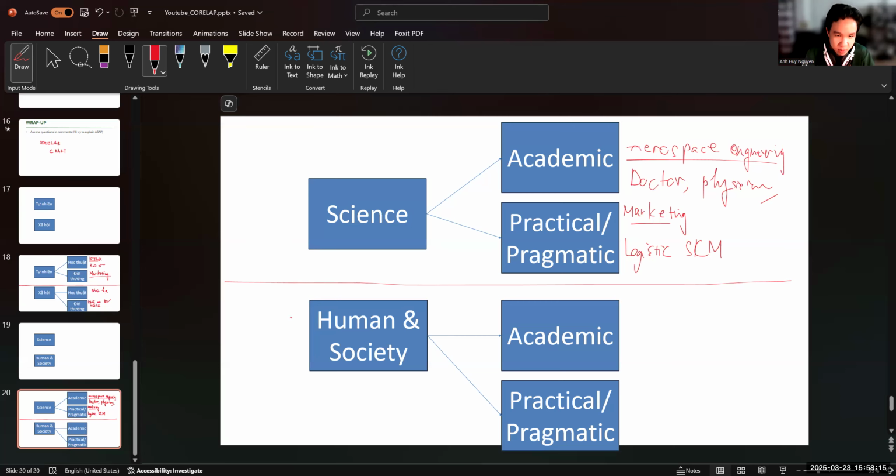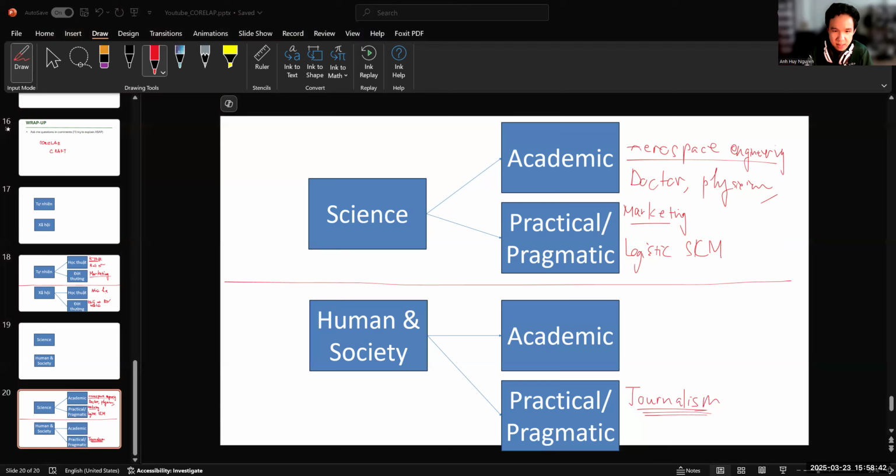So let's take some examples in human and society, right? Just imagine journalism. It's not hard to imagine what a journalist does. They write articles in newspapers, right? I have seen some curriculum in my country, Vietnam, about journalism, and they have a subject where they learn how to organize a TV program, or the history of journalism.